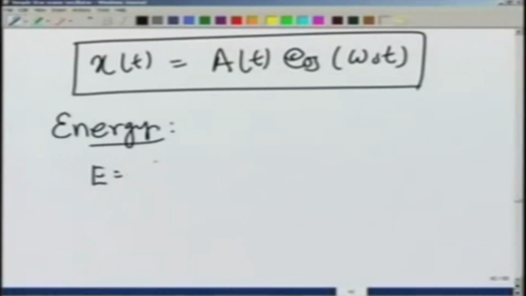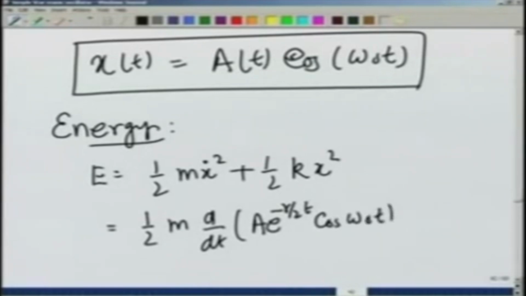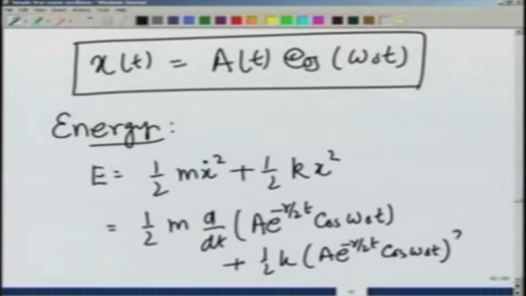Let me explain now. Let us talk about energy. Energy E is 1/2 m x dot square plus 1/2 k x square. In this case, I can roughly write this as 1/2 m (d/dt of a e raised to minus gamma over 2 t cosine omega 0 t) squared plus 1/2 k (a e raised to minus gamma over 2 t cosine of omega 0 t) squared.